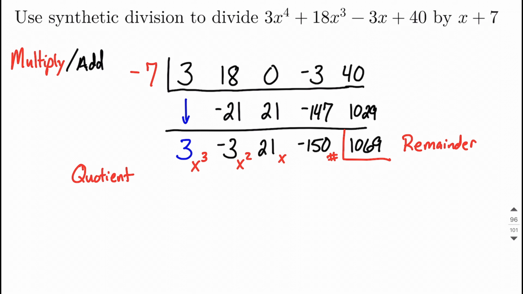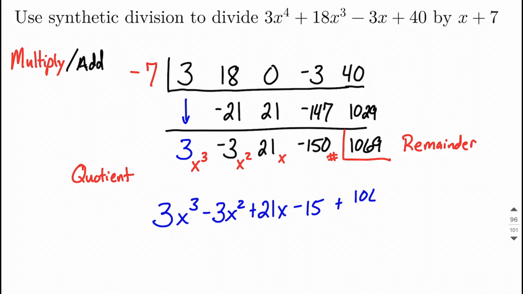So overall, the quotient can be rewritten as 3x to the third power minus 3x to the second power plus 21x minus 150. That's the quotient. Sometimes we say our overall solution is the quotient plus the remainder over the divisor.